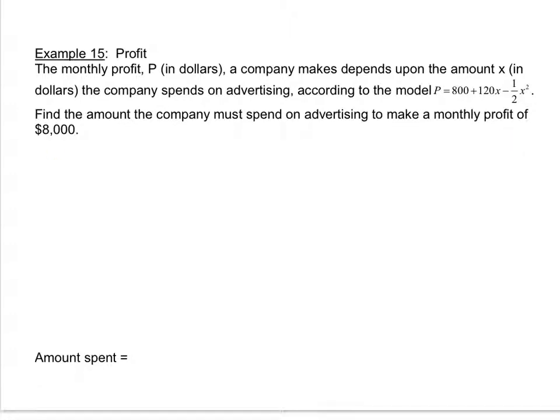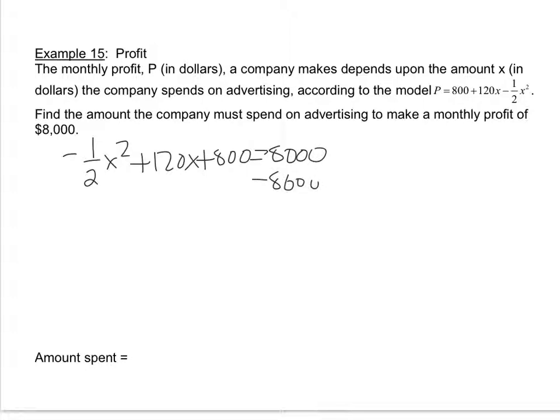Okay, so again, I'm going to rewrite this so I have negative 1 half X squared plus 120X plus 800 equals 8,000 because I want 8,000 in profit. Now let's get it equal to 0. So you're going to have negative 1 half X squared plus 120X minus 7,200 equals 0.